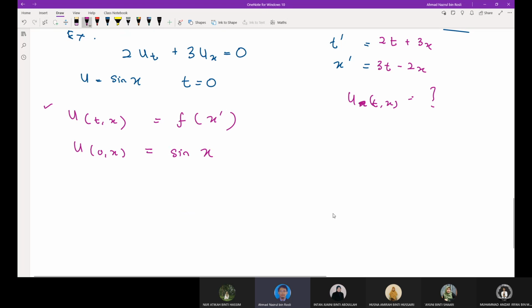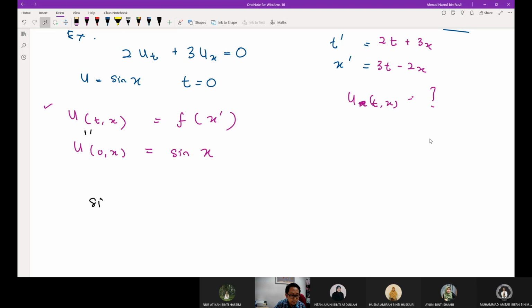Alright. For this one, sin x. So we have here sin x is equal to, okay, both same except t is equal to 0.